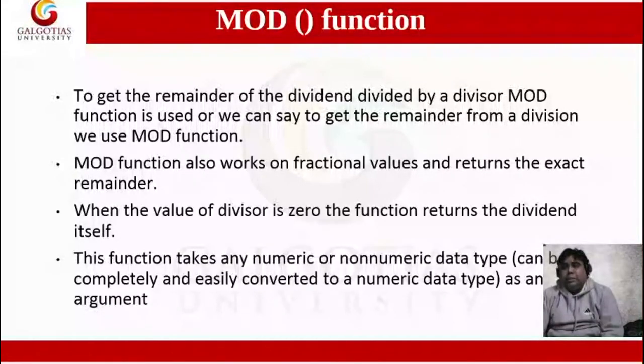The mod function also works for fractional values and returns the exact remainder. If the value of the divisor is 0, the function returns the dividend itself. This function takes any numeric or non-numeric data type that can be easily converted to numeric data as an argument.